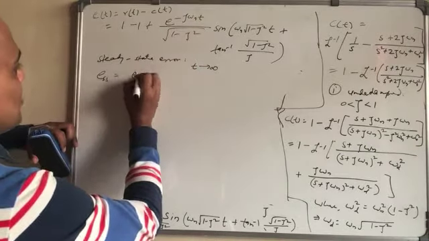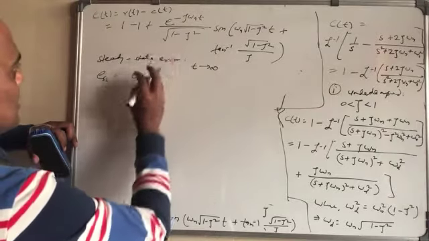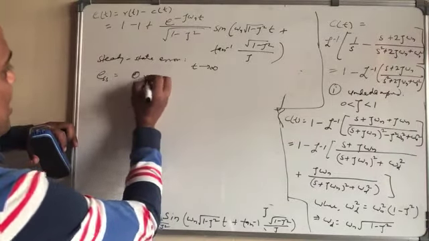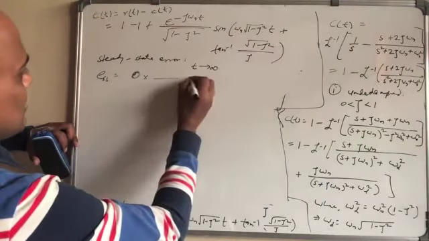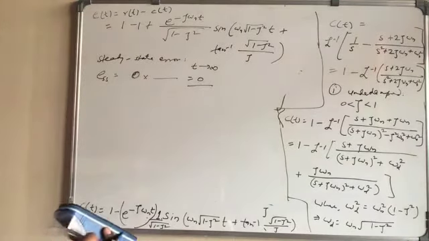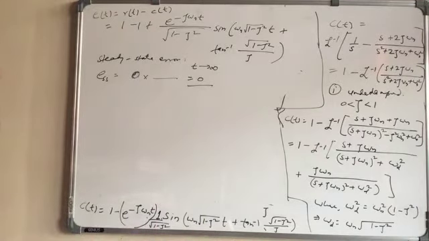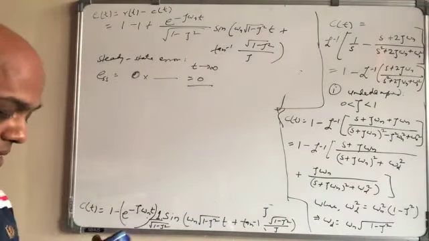This becomes e to the power infinity, thus becomes 0, multiplied by whatever you get here, so it becomes 0. So in this case, you are giving the step input, and in the long run the value becomes 0.